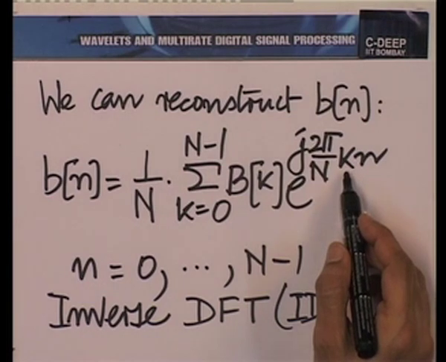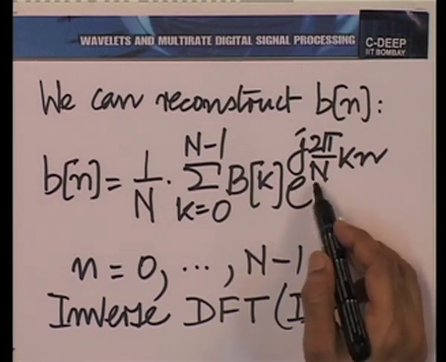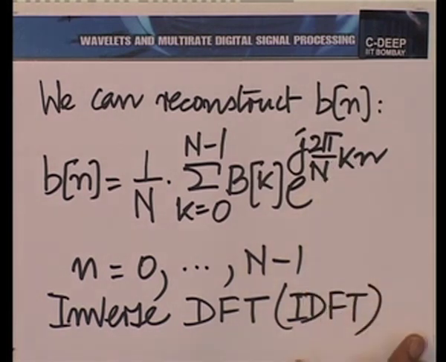And that is easily seen if you substitute n by n plus any multiple of capital N here, noting that e raised to the power j 2 pi by N times capital N is 1. Let me do that just for completeness.